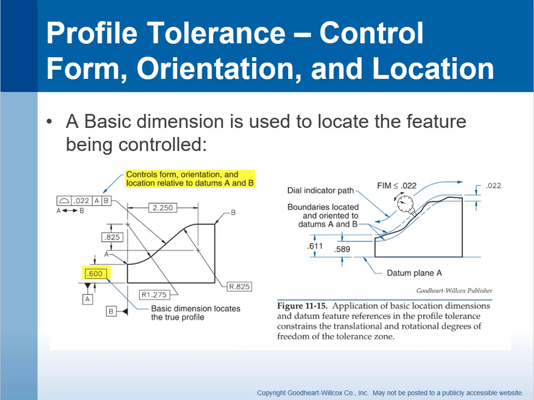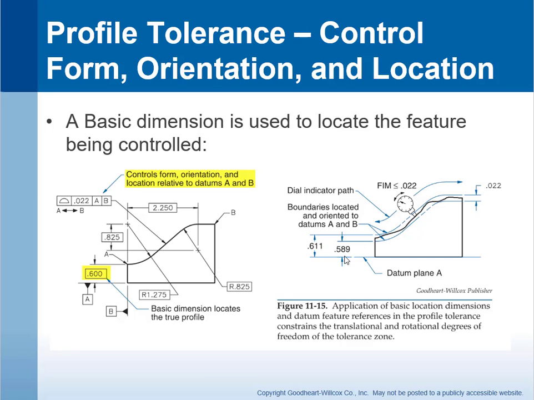Okay, now what we're talking about is being able to control form, orientation, and location. The difference with this one is now we have these basic dimensions. Now this basic dimension here defines where the starting point of this profile is. Okay, and then that's how you know you got this datum B in here, and then you got this basic dimension that controls that form.